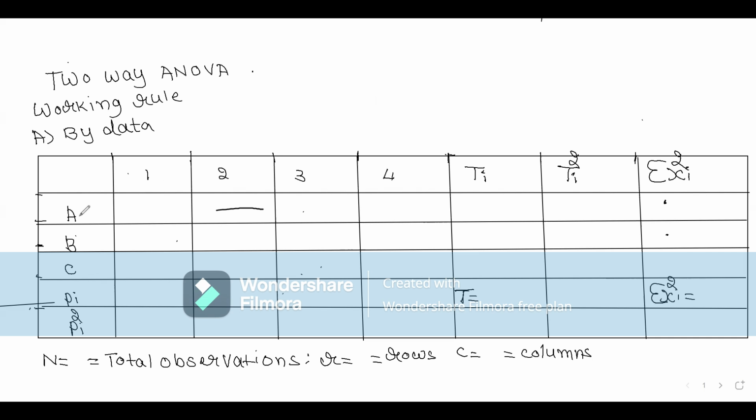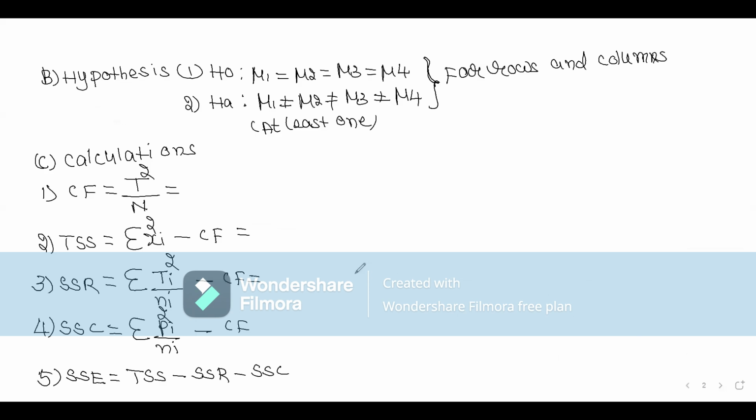You have to state the hypothesis for the rows and columns separately, so that I clubbed them. You take whichever is more. Suppose rows are more or columns are more, you take that only into consideration. The columns are more, therefore you take the mu1 equal to mu2 equal to mu3 equal to mu4.